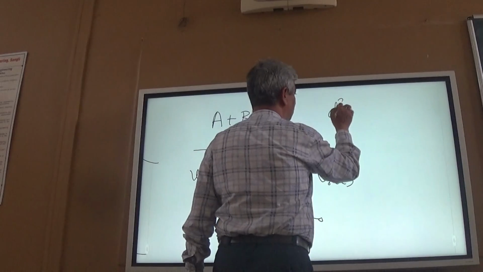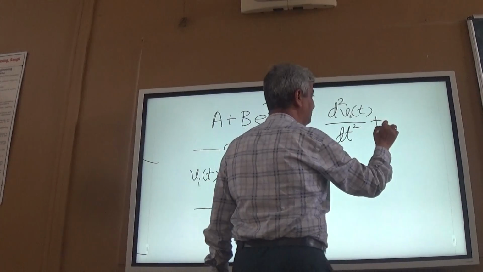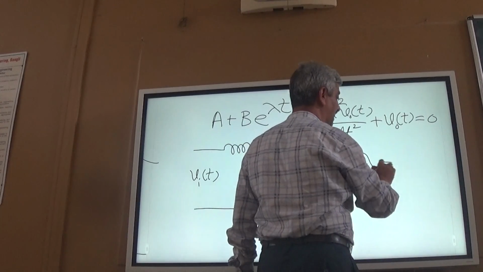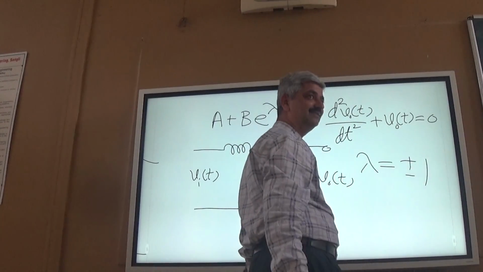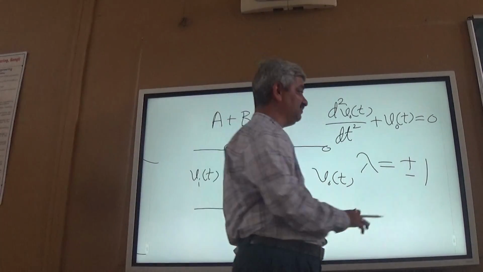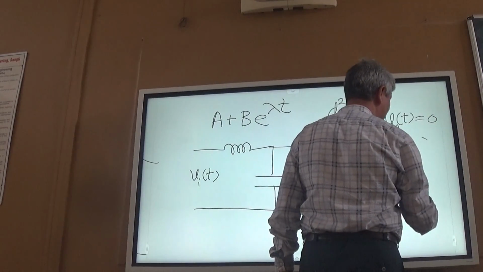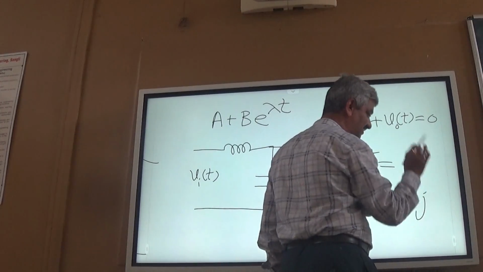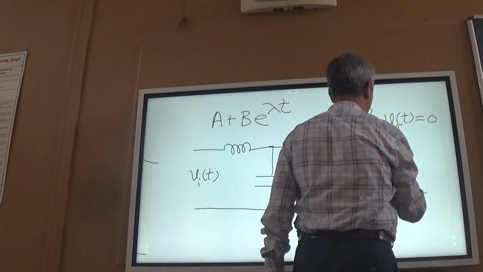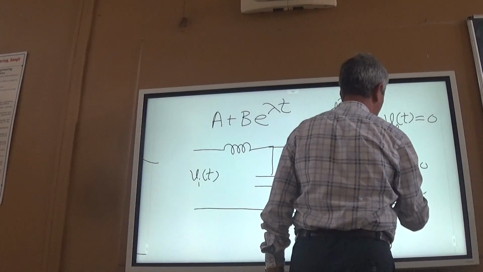We got d2 Vo(t)/dt square plus Vo(t) equal to 0, and we got lambda square plus 1 equal to 0, that is lambda square equal to minus 1.